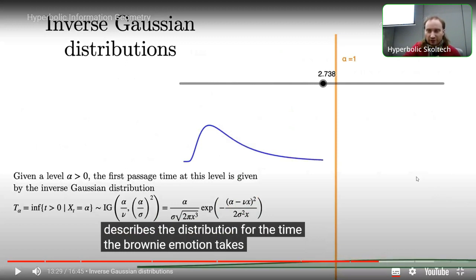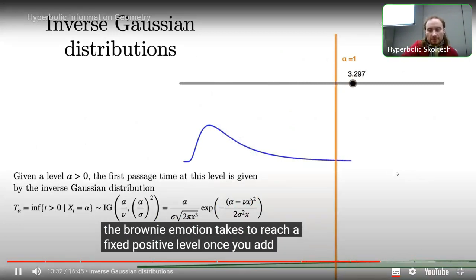Actually, it's also a distribution that naturally arises in Bayesian statistics for Gaussian distributions.